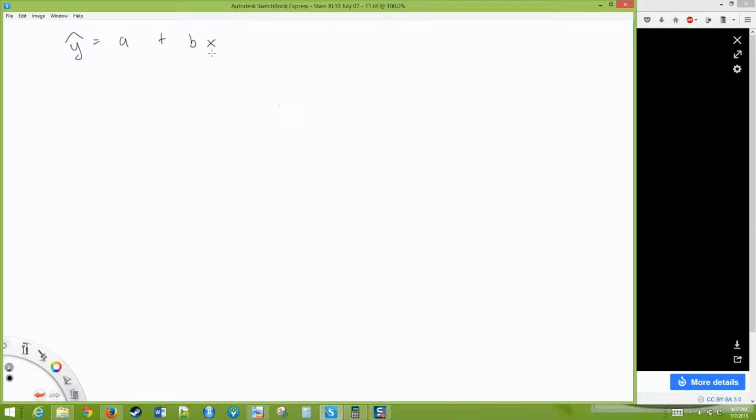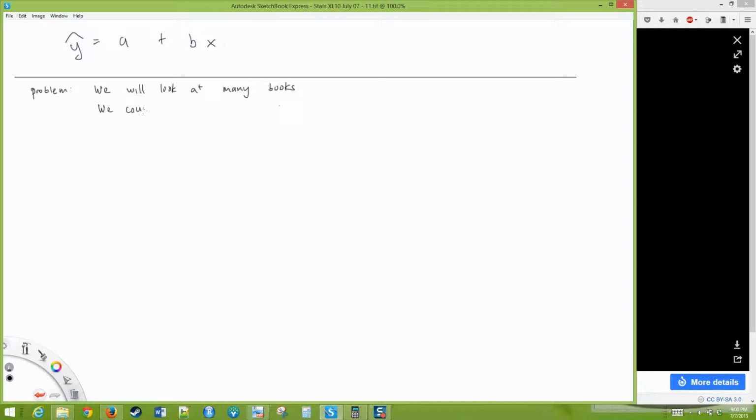Okay, so let's put this in the context of a problem. Here we're going to look at a bunch of books. So we will look at many books. And what we're going to do is we will count how many pages are in the book, and we measure how thick the book is.